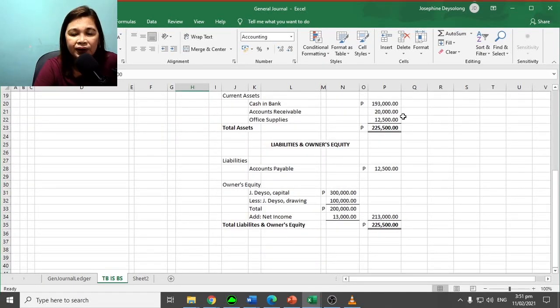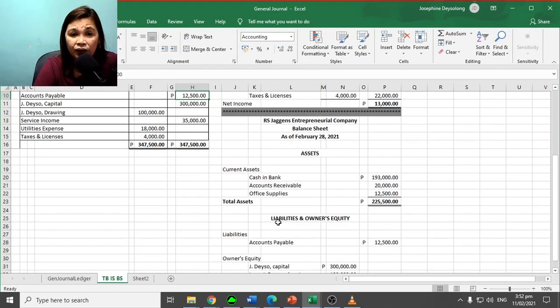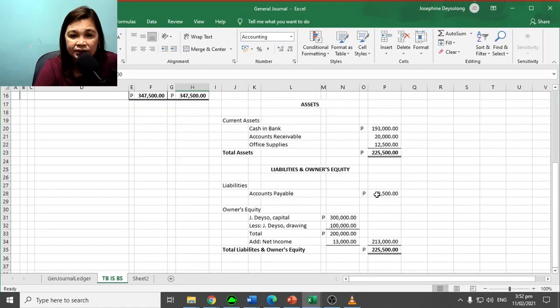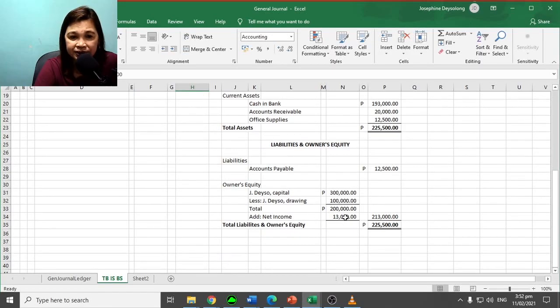Then you have this in the last column. Your owner's equity here is composed of your capital, less drawing or your withdrawals, and then you add your net income. Where do you get the net income? On top, from the income statement, you have there the net income. Is that correct? Net income here is 13,000.